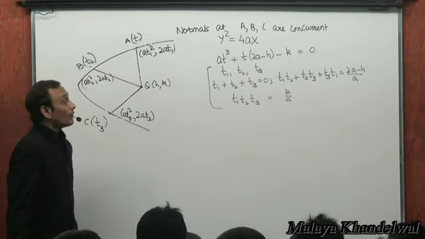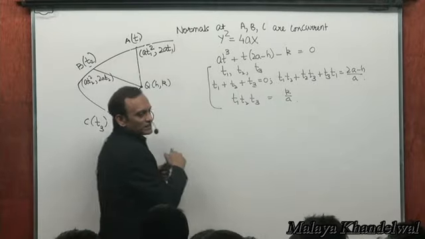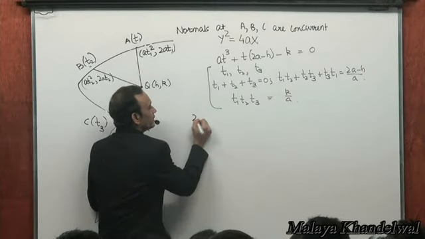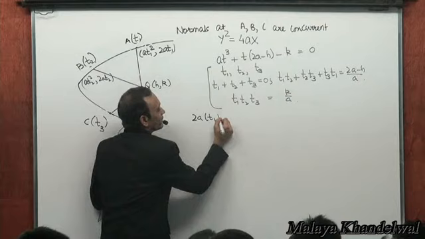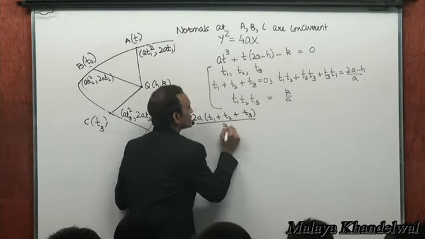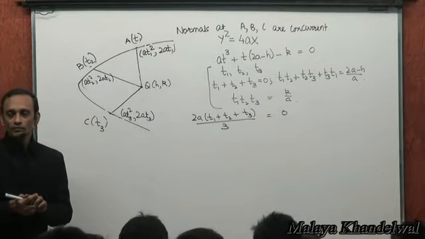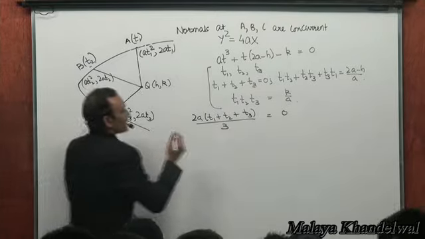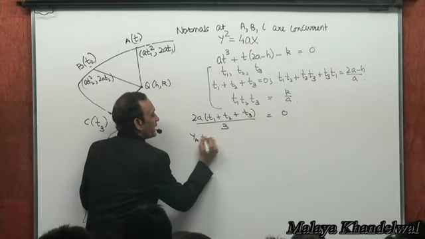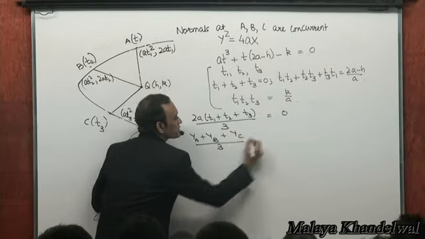Now, if t1 plus t2 plus t3 is 0, then 2a times (t1 plus t2 plus t3) by 3 is 0, yes or no? Can I then say yA plus yB plus yC by 3 must be 0?